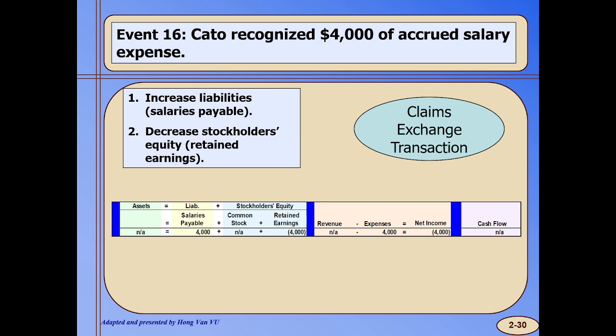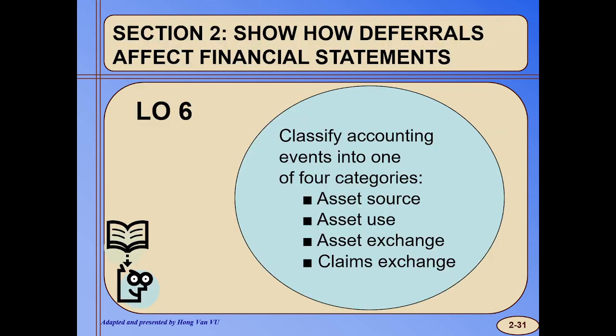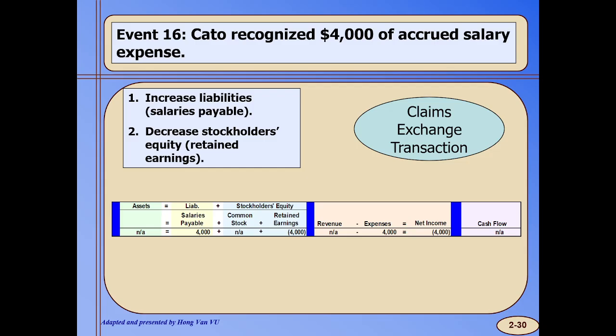The adjusting entry affects the balance sheet by increasing the salaries accounts payable, but also decreasing the retained earnings stockholders' equity account. It is a claims exchange transaction. The salary expense will decrease the net income, but there's no effect on the cash flow statement.